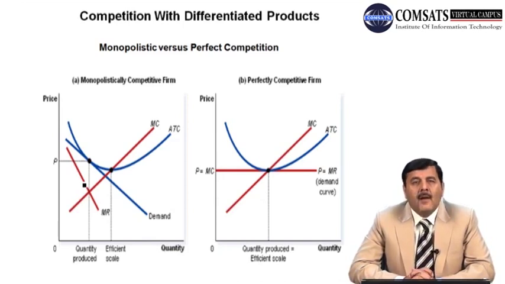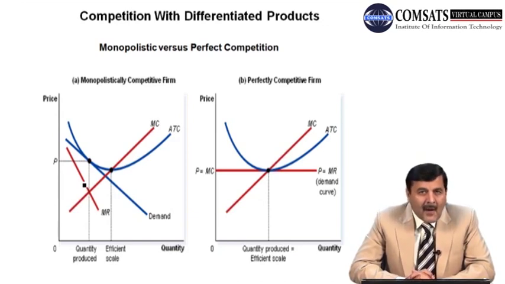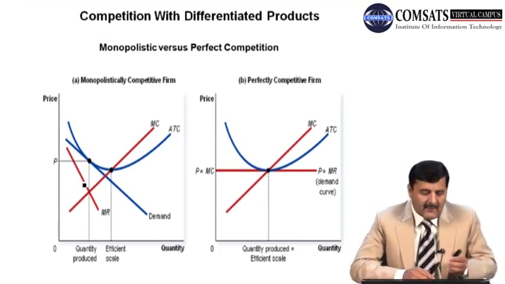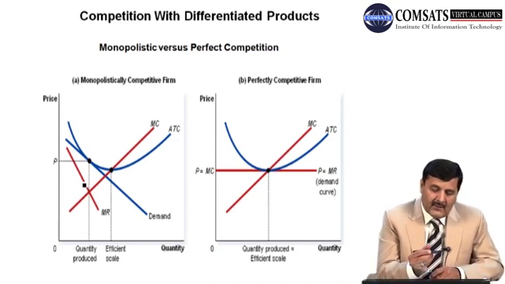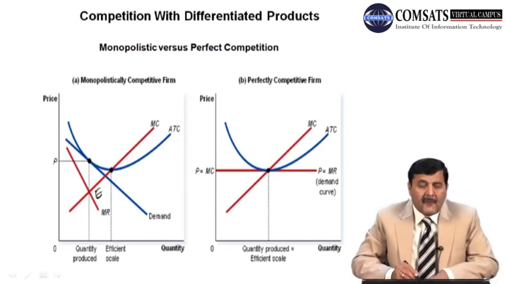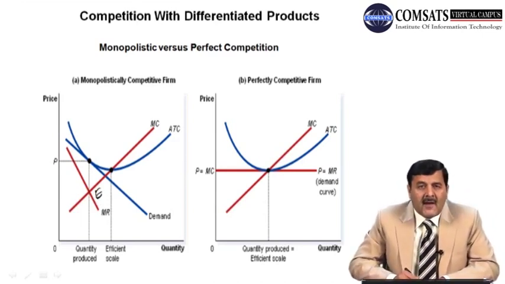After that we need to draw the profit maximization point, and that is the point where MR should be equal to MC. So for this we have to draw the marginal cost curve. When you draw the marginal cost curve, it intersects MR at a certain point, and suppose point E is the profit maximizing point. Going upward from it, you can find the price and cost or the revenue of the firm, and you can find the profit of the firm.